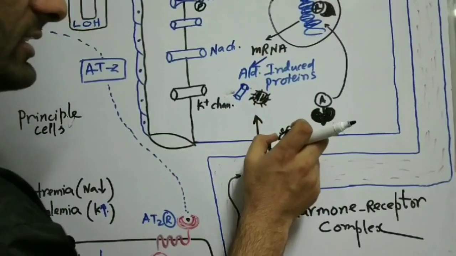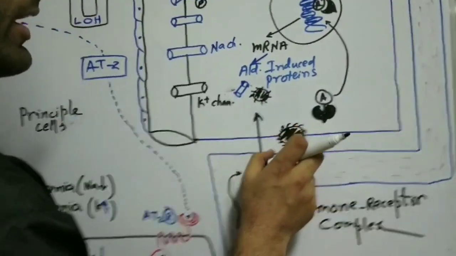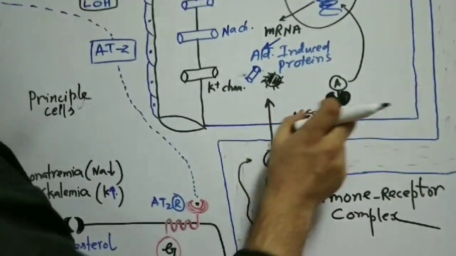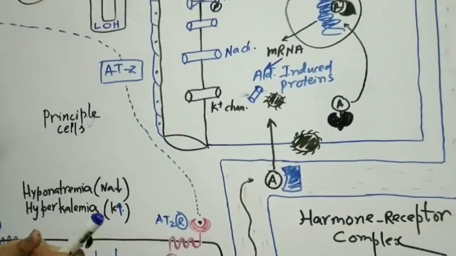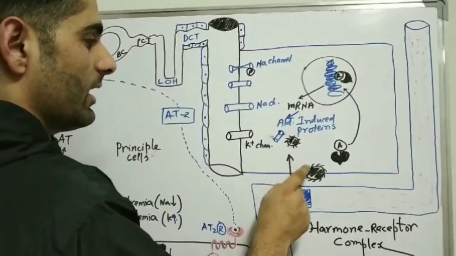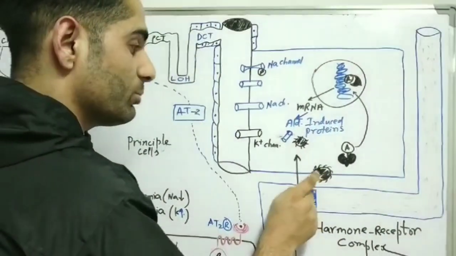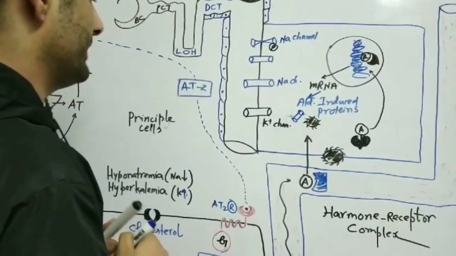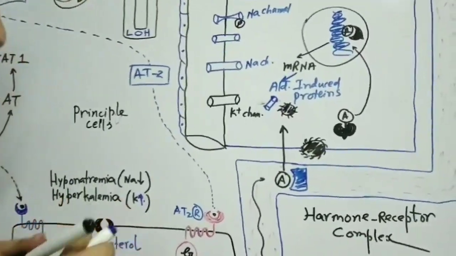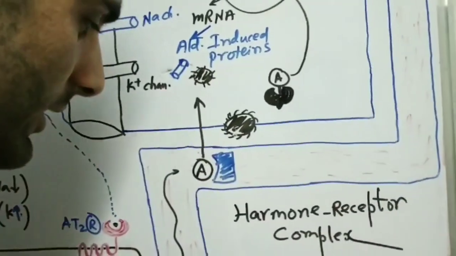This protein gets planted into the membrane of the principal cell. Now what will happen? Which protein is this? It's called the sodium potassium ATPase. Let me write here.